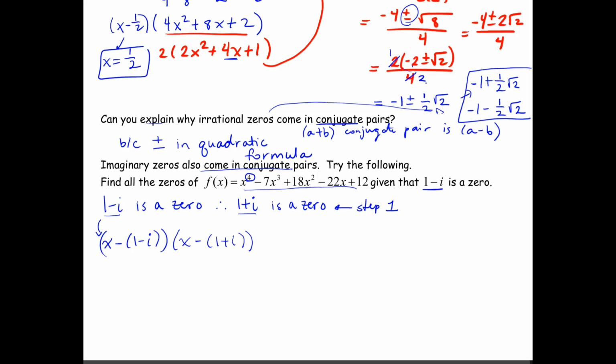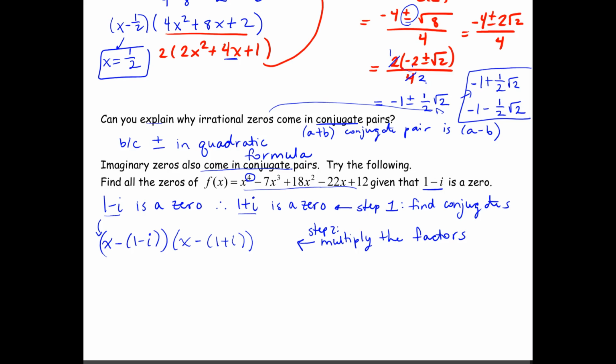So step 1 is to find your conjugates. I'll just go ahead and list this out because I feel like after we go home after a long day, I'd be like, what did we do? So step 1 is to find the conjugates. Step 2 is to multiply the factors. And then we are actually going to use what Lydia said. We're going to then do long division.